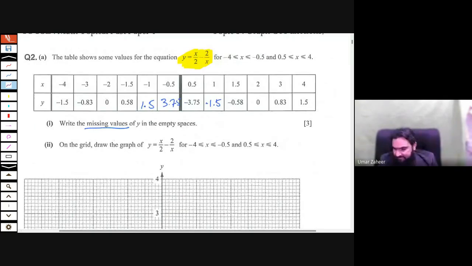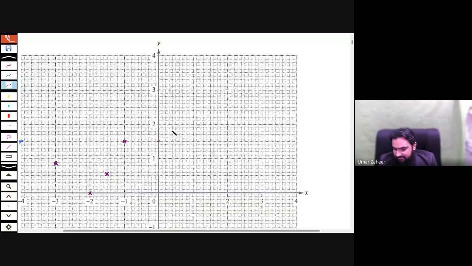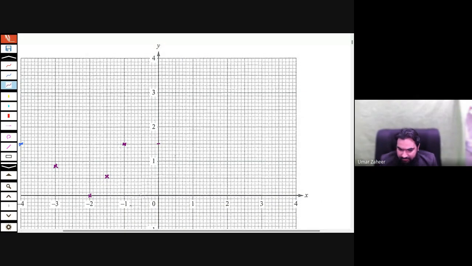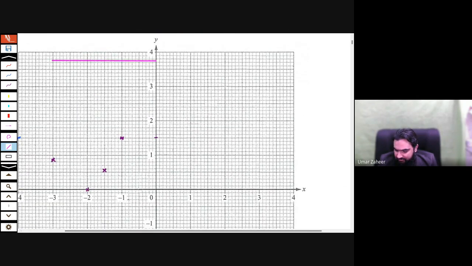The next is -0.5 and 3.75. So it is 3.5, 3.6, 3.7. 3.75 is around here, and we are checking -0.5. So this is the point.